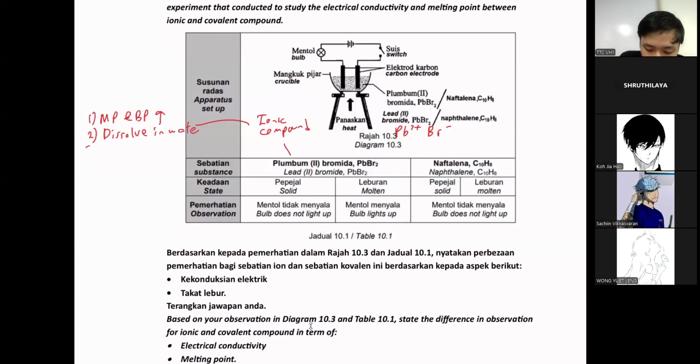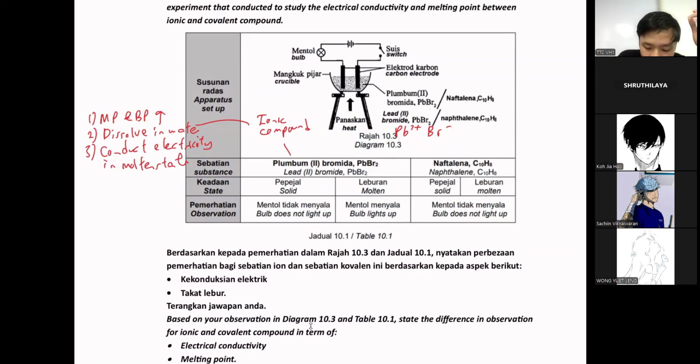Then number 3, they can conduct electricity in molten state or aqueous solution. You know what is molten state, right? I told you, molten state means you heat the solid until it melts. The hot liquid, we call it molten.